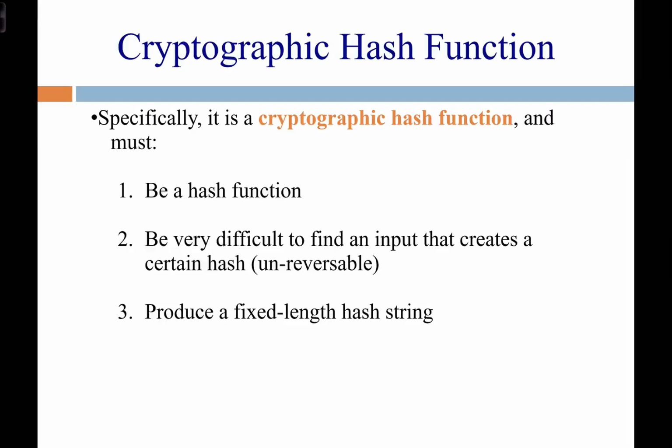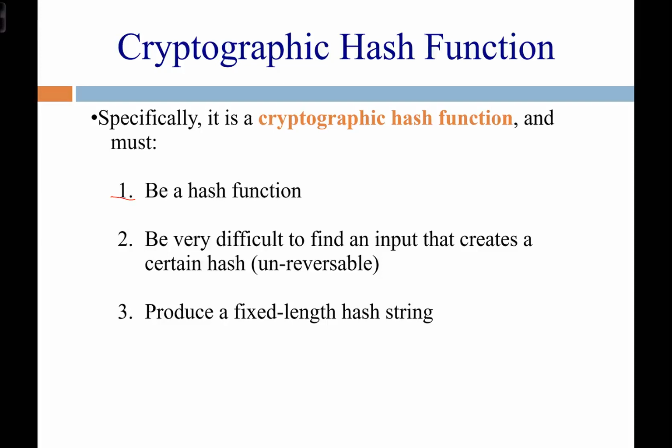More specifically, though, we use a cryptographic hash function. This is just a hash function with more features specifically for the purposes of security. So a cryptographic hash function, first of all, is a hash function. But additionally, it should be very difficult to find an input that creates a known hash value.